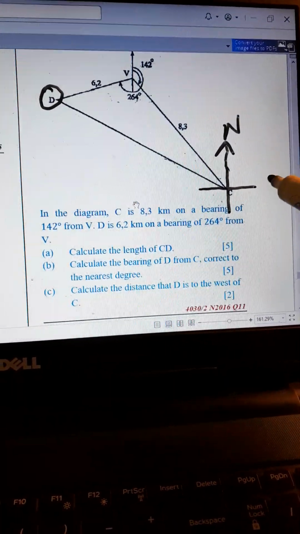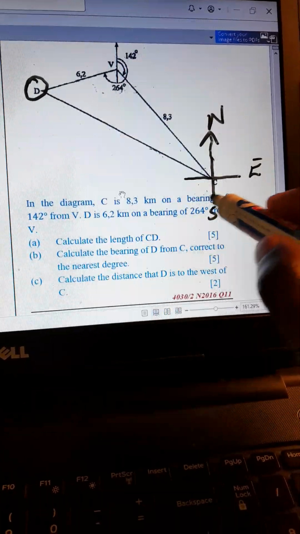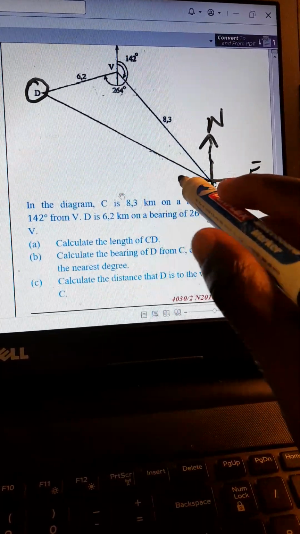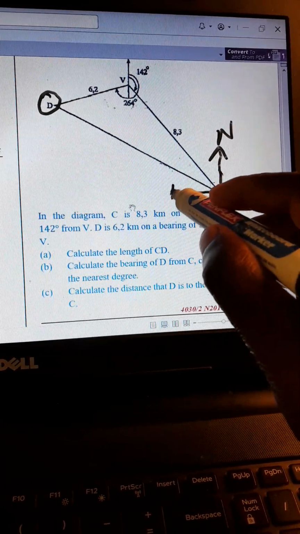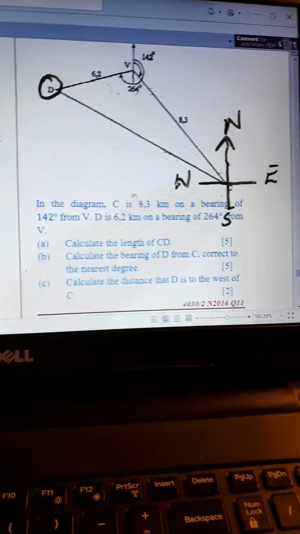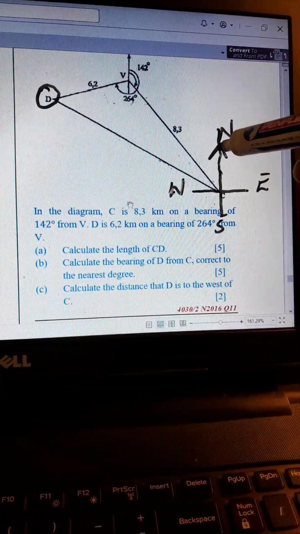This becomes north, east, then south, then this side becomes your west.